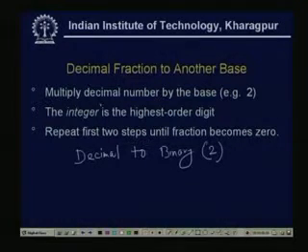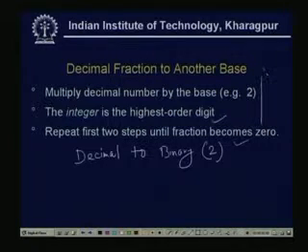So we will multiply. The integer is the highest order digit, so the integer I get, I will keep that. Here it is the highest order digit, that means the reverse one, and repeat the first 2 steps until the fraction becomes 0.